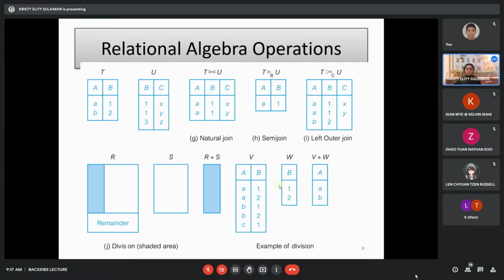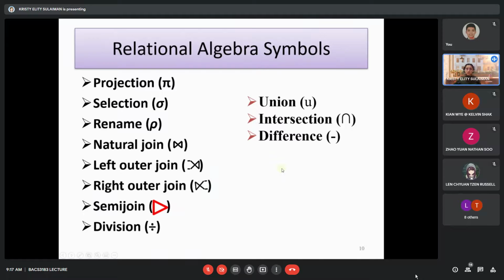Relational algebra has a symbol for each of its operations. The first one is projection, represented by pi. For selection, the symbol is sigma. Rename is rho.